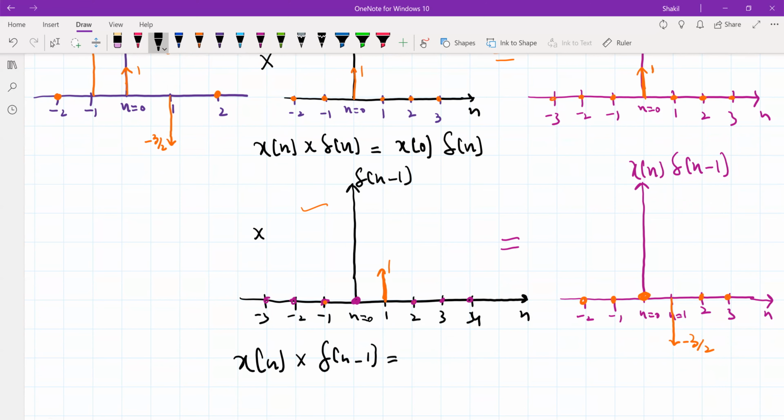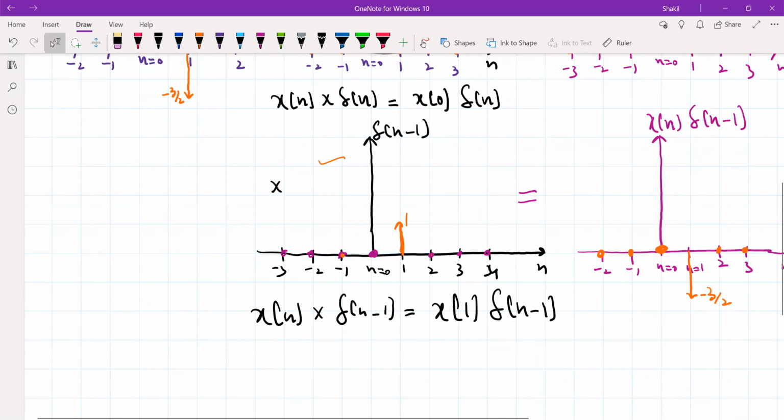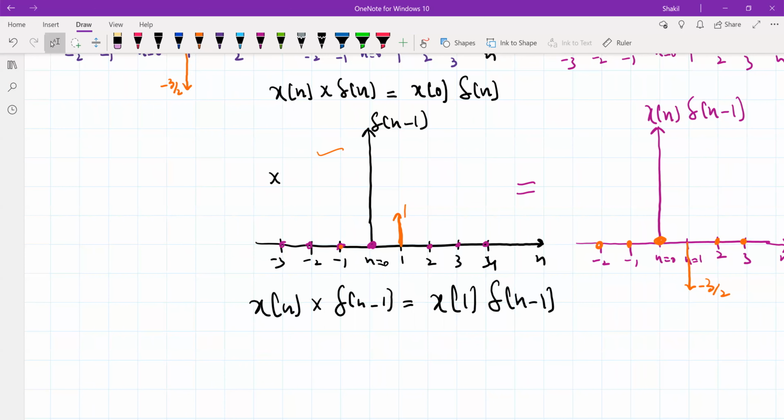That is the same sample of x of n when n is equal to 1. So we got x of 1, which is minus 3 by 2, and delta n minus 1 is 1 there, and the rest of the samples are 0.